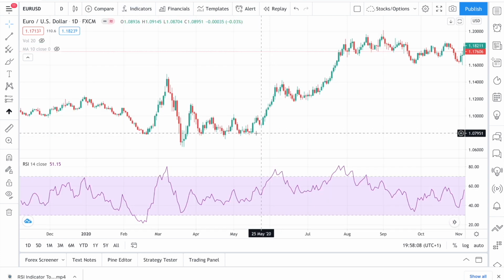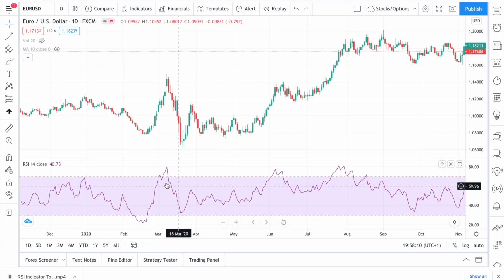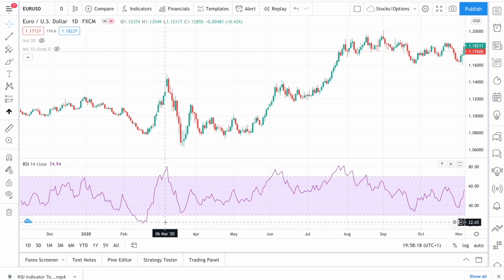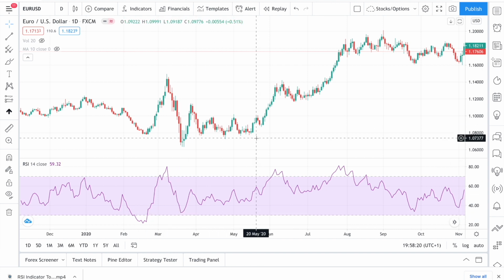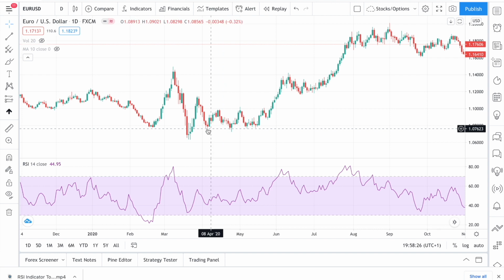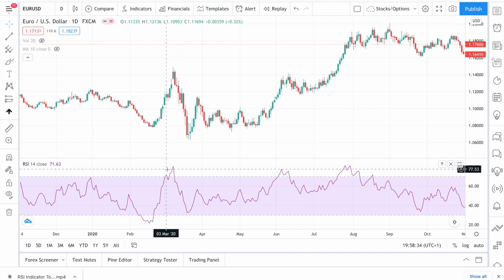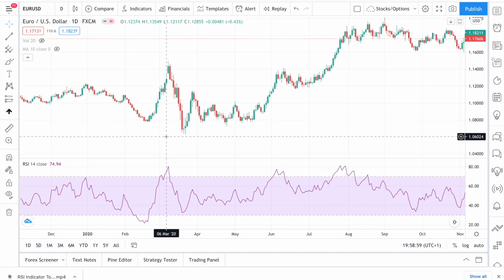Once you plot the RSI, this is effectively what you get. The dotted lines indicate the overbought and oversold levels. The overbought value is 70 on the RSI and the oversold value is 30. To summarize, if the value of the RSI for whatever security you're trading is above 70, then this indicates that the security is overbought, and what is realistic to expect is that the price of that security is going to drop, and vice versa.